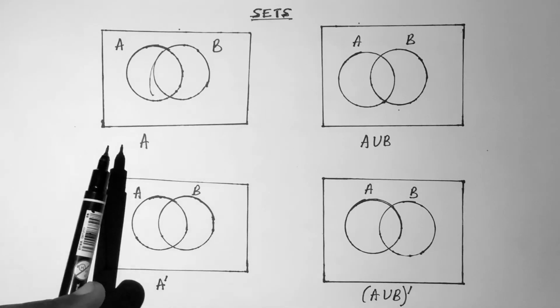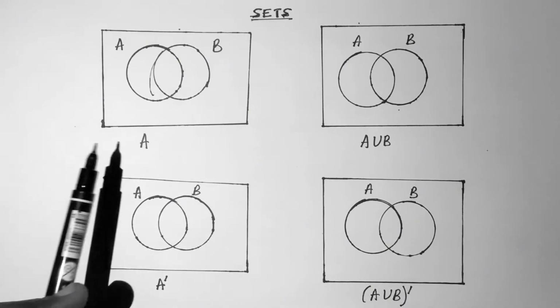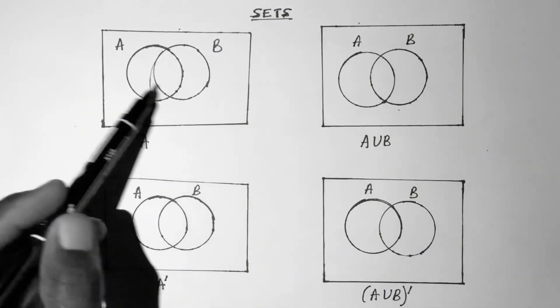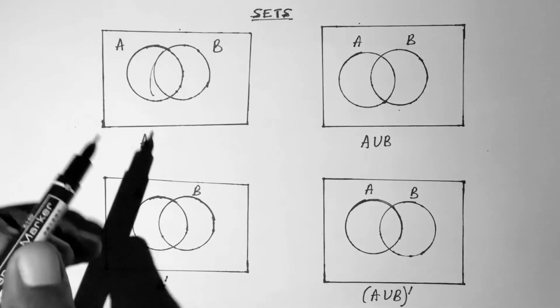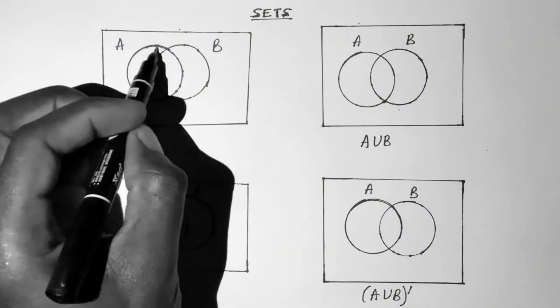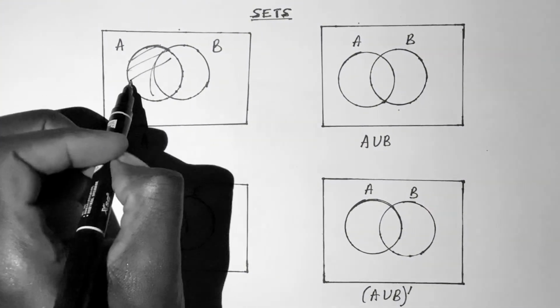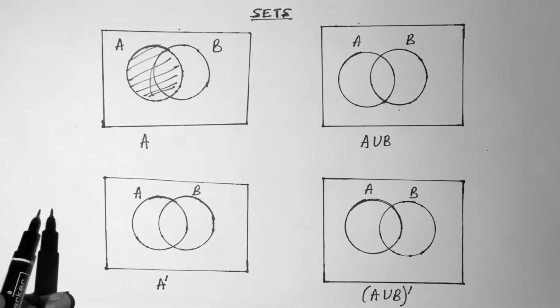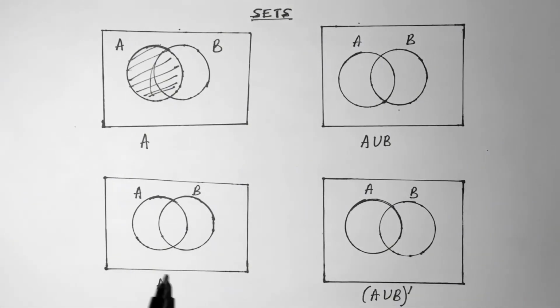It says that we should shade the region A. So you see that this circle is the circle that corresponds to A. So the region A is all of the circle. This is the shaded region for A. And then when we come here, it says A prime.